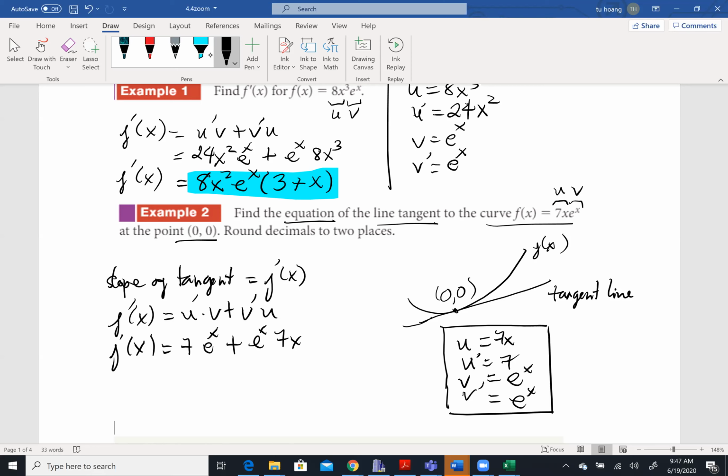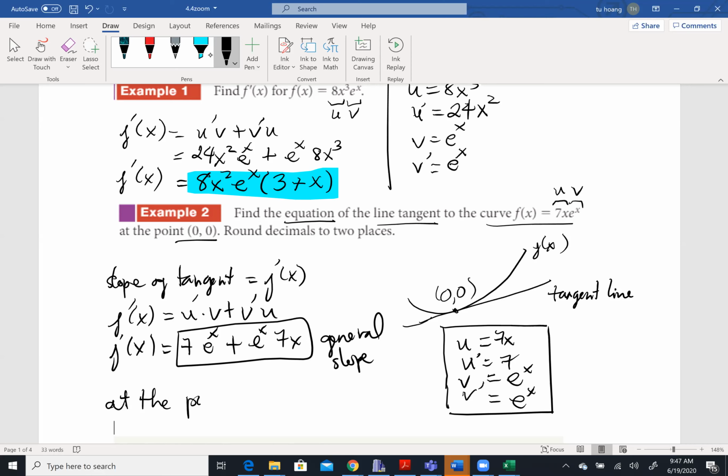If you want, you can factor it, but in this case I don't think I need to do it, because this is the general slope of the tangent. So what is the specific slope in this case? I need to apply the point.